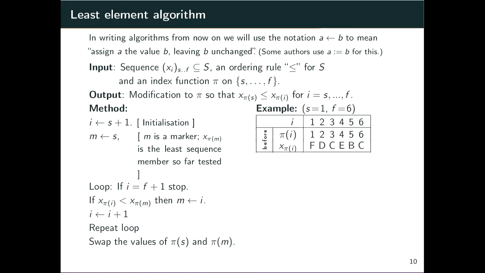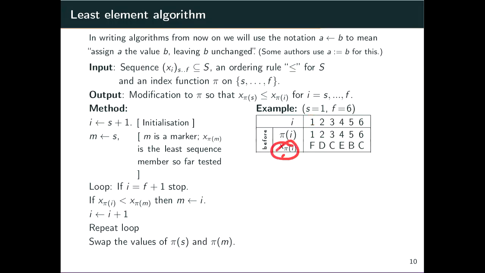Okay, so let's do another example, a little bit different, and we'll just go through the code to see how it works. So our indexing set's going to be 1 to 6. Our permutation at the beginning is just 1, 2, 3, 4, 5, 6, so not changing anything.